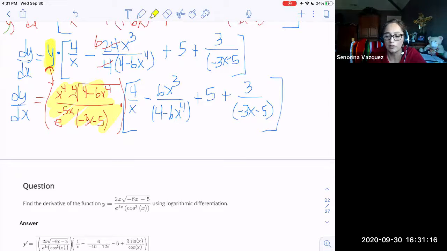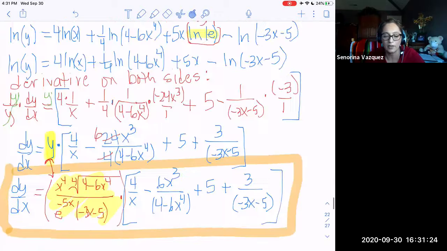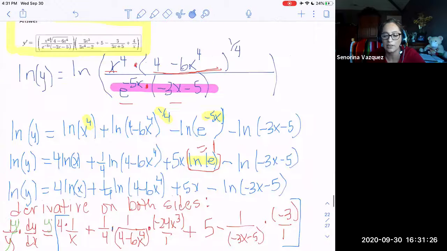So what did we do? We took the logarithm of both sides. Let me box this up. We took the logarithm of both sides in step 1. Let me show you where I did that. Step 2, expand as much as possible using those properties of logs. It took me 3 steps to expand as much as possible.